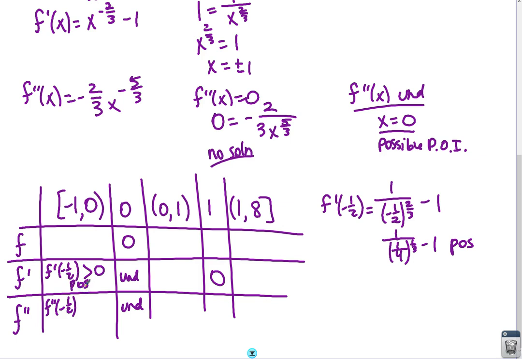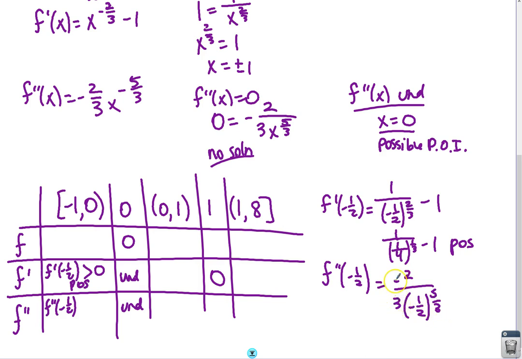I'm going to plug -1/2 into my second derivative, f double prime of -1/2. So -2 over 3 times (-1/2) to the 5/3. This is a little bit easier to figure out because there's not that extra -1 off the side, but also because if you have a negative to an odd power and an odd root underneath, this whole thing will stay negative.